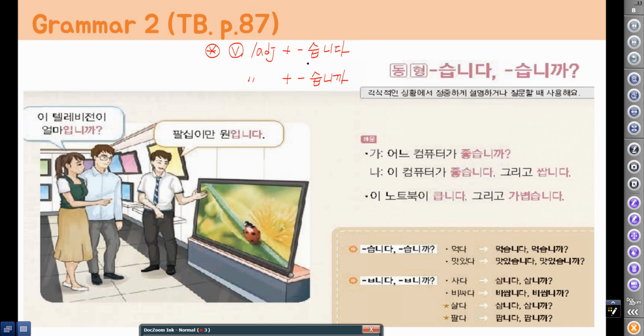So as you can see, the ending, 습니다, is a very formal, polite ending. Okay, so when you ask questions in a very formal situation, then you use the ending 습니까? 습니다.